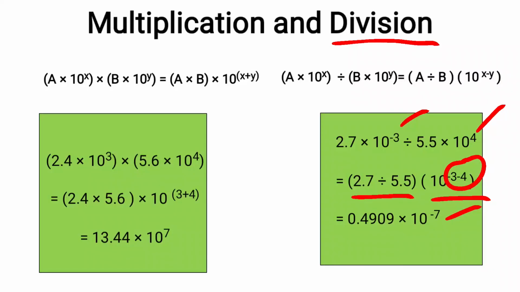This 0.4909 × 10^-7 can also be written as 4.909 × 10^-8, because the decimal point has been shifted towards the right. So this is regarding division.